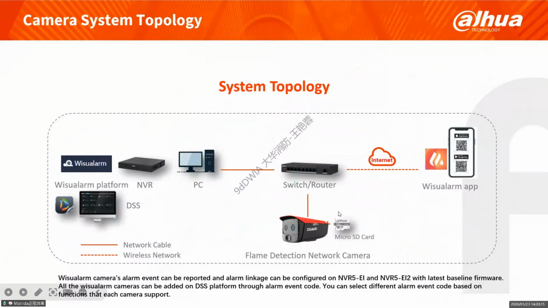And to achieve the storage, we can use the micro SD card, and also can add our cameras on the NVR, Dahua's NVR. Actually, we are always focusing on improving the compatibility between our cameras and the Dahua's platform, the Dahua's NVR.